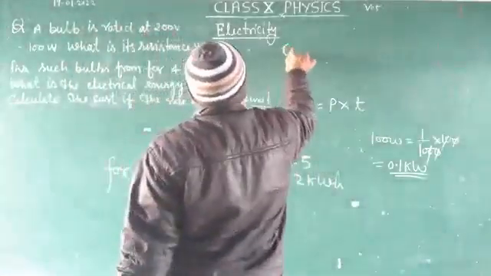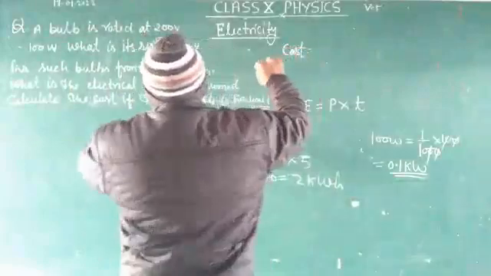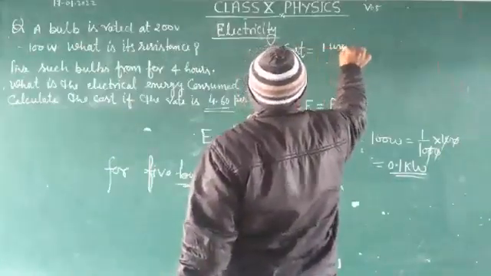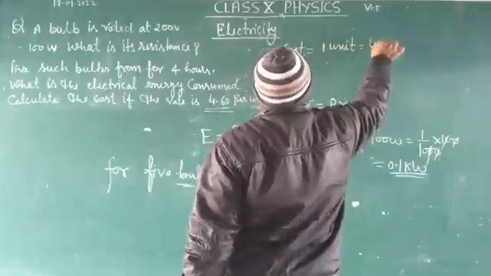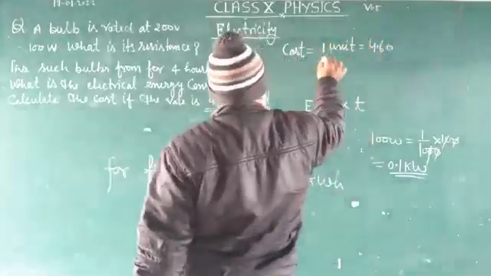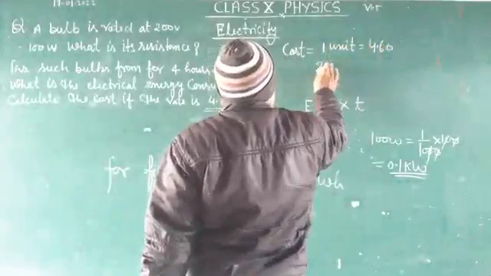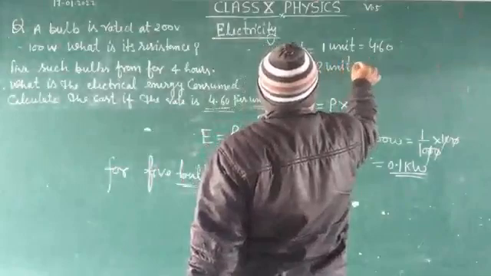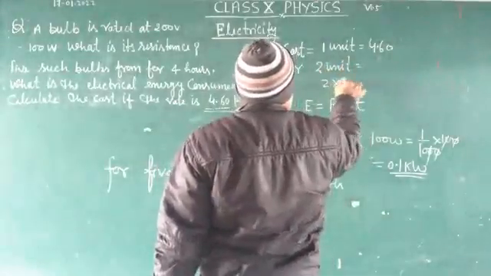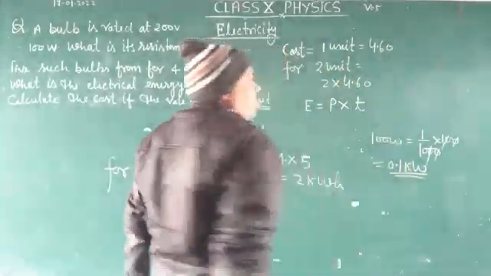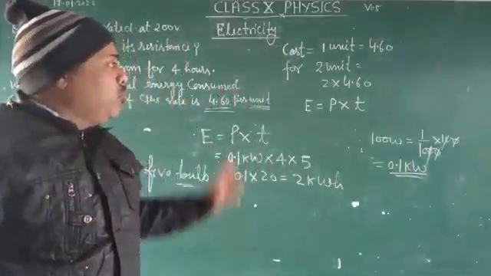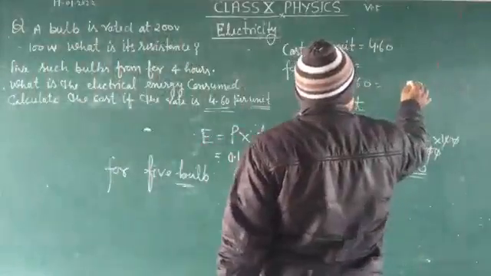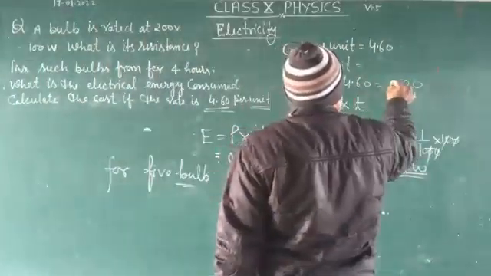Now we can find the cost, because for 1 unit we are given 4.60, and so we can find it for 2 units. For 2 units we can write 2 multiplied by 4.60. 2 times 0 is 0, 2 times 6 is 12, and 2 times 4 is 8, plus 1 is 9.